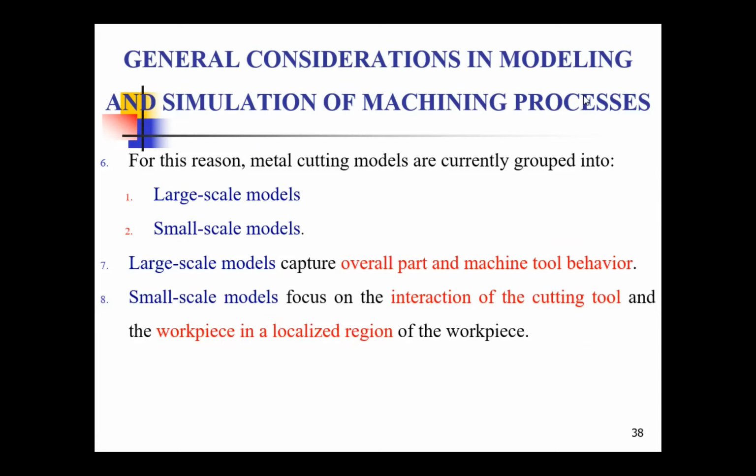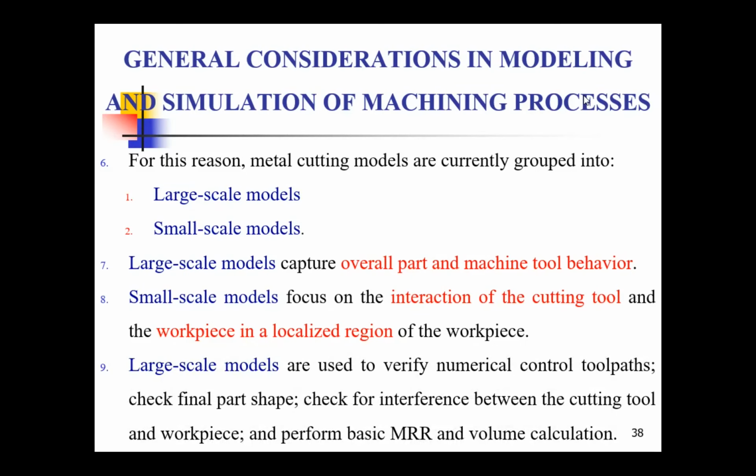What is the strain rate happening in each and every element? That becomes small scale. What is the deformation of each and every element? That is small scale. The overall part becomes the large scale model.